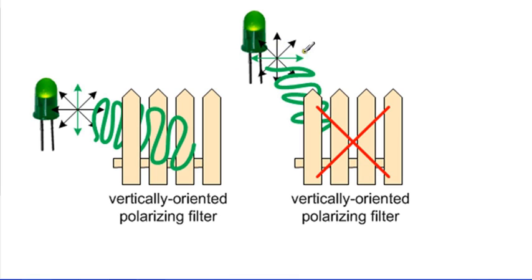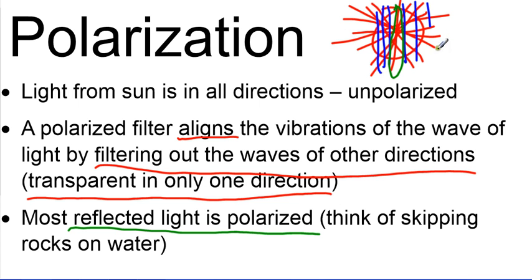On the other hand, if the light is oriented horizontally, no light will be able to pass through. It's completely opaque to light that is 90 degrees from the polarizing filter. And so this has many different uses, and for us, when you go from unpolarized light to polarized light using a single filter, it automatically cuts the amount of light going through by 50%, and that's on a single pass.